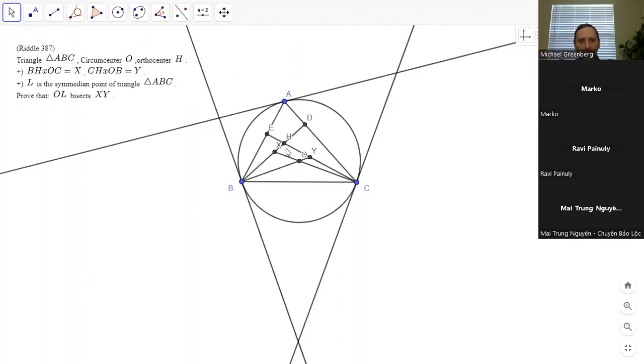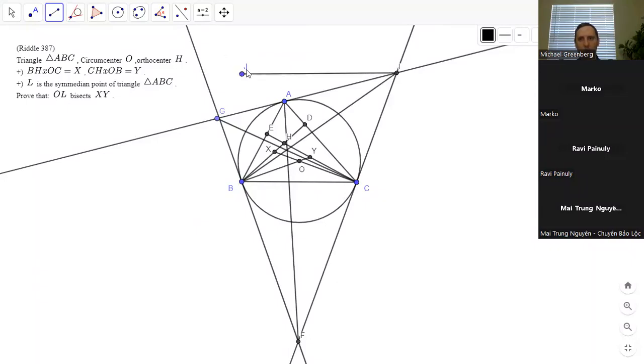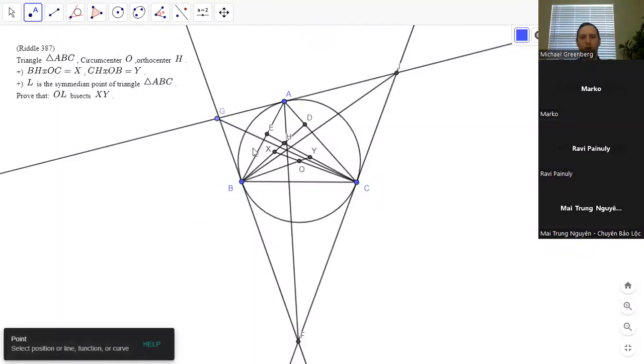All right, so L, where's L? That would be L. And we want to show that OL bisects XY.